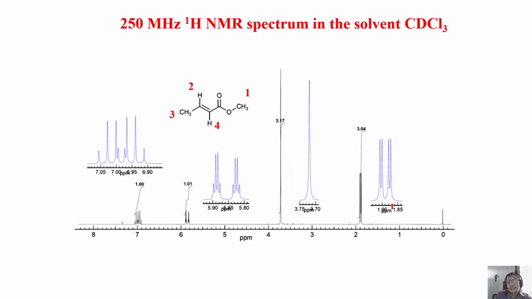After analyzing this, we are left with only these 3. It cannot be this, because if there is a long range coupling with this one, it will be a quartet. It cannot be this, because coupling with this will be a quartet. So there is no quartet pattern seen here, but we are seeing a doublet of doublets to be precise. Why is it?